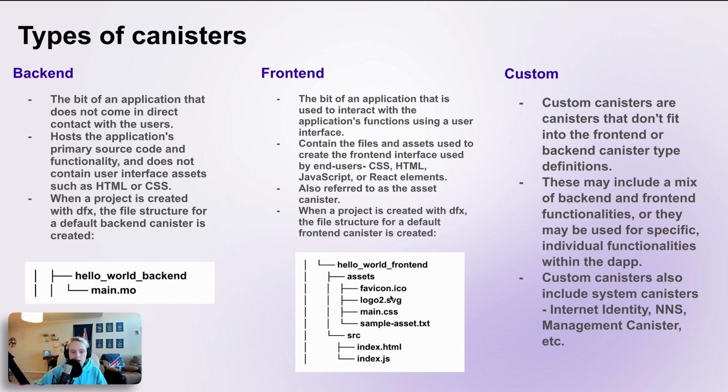In assets, there are a couple different visual assets like the fav icon, the logo2.svg file, a CSS styling file, and a simple asset text file. And then in the source directory, we have the index.html and the index.js files.